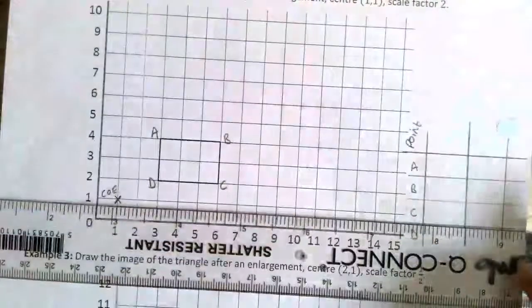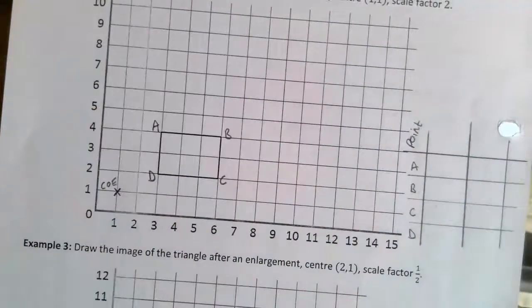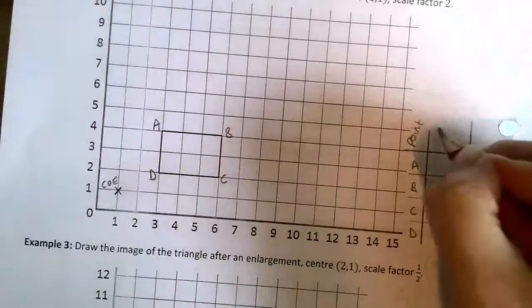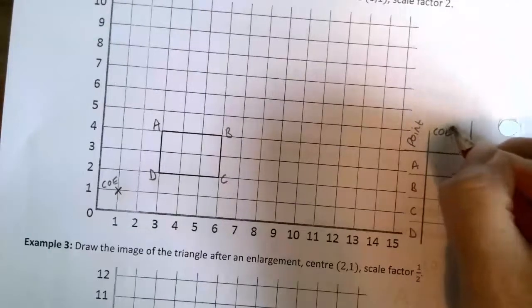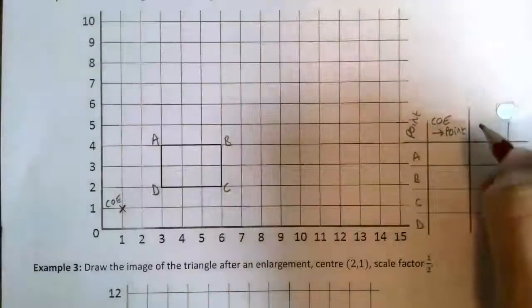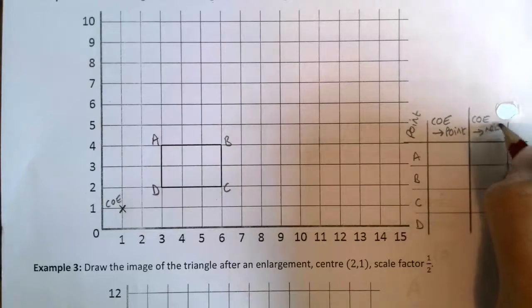Then if you remember back to the instructions, we have to count from the center of enlargement to the point. So this next column is center of enlargement to point. And then the next column is going to be the center of enlargement to our new point.